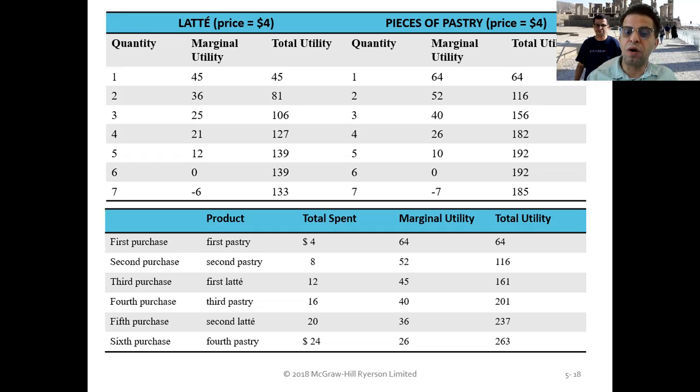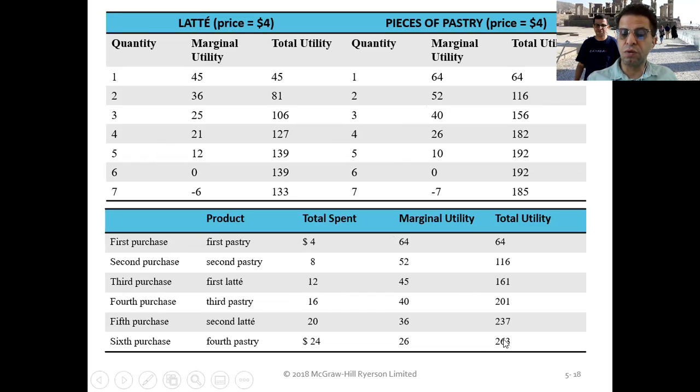So we compare the marginal utility here: the pastry giving us 40, and the second unit of latte giving us 36. So we go with a pastry. So the third purchase was a latte. The fourth one is pastry, because we are spending $4 each time. And here we got 60, 64.